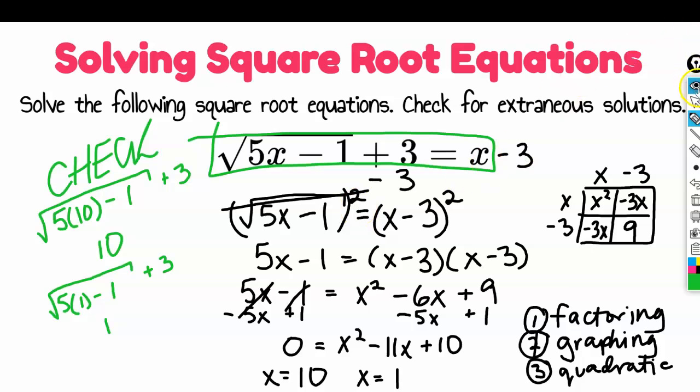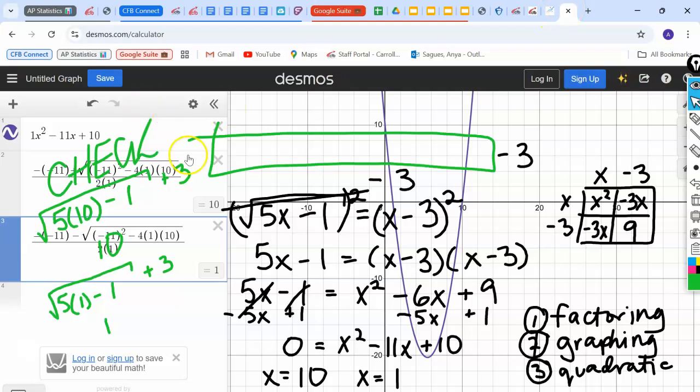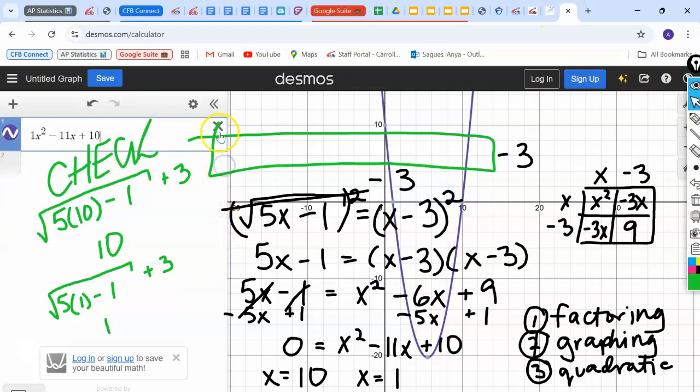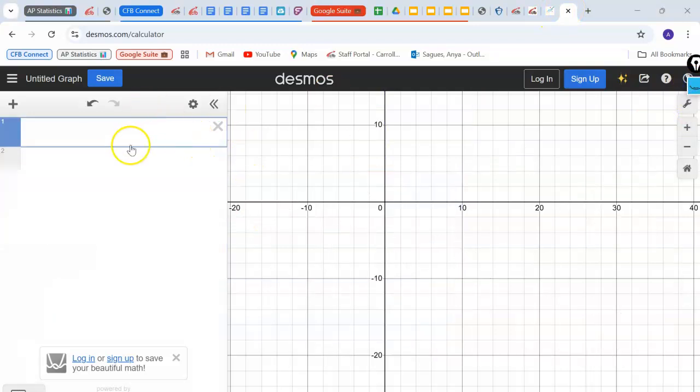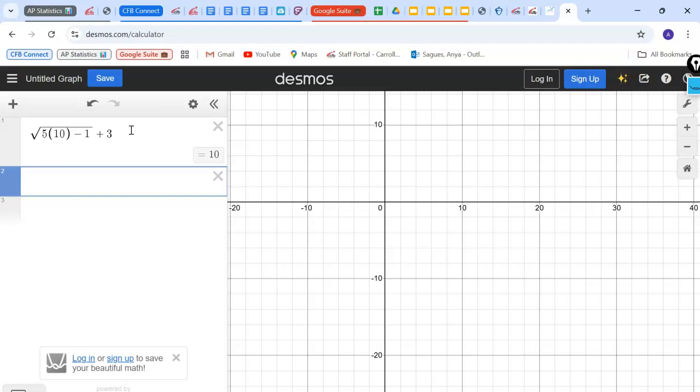And so when I put that into Desmos, what does that look like? Let me show you. Okay, so I check 5 times 10 minus 1 plus 3. Does that equal 10? Yes, that is what it equals.